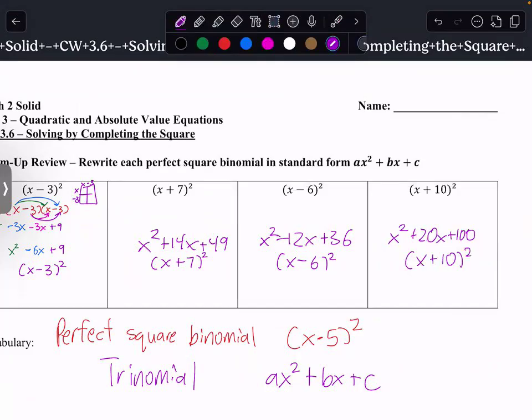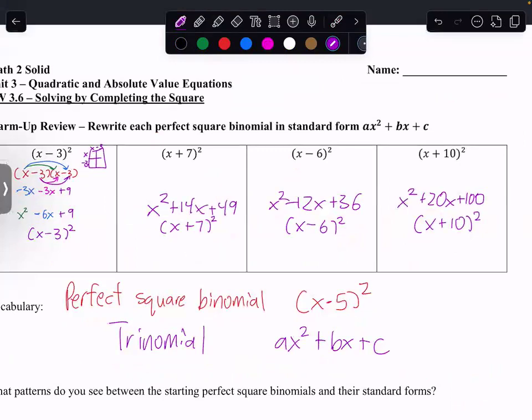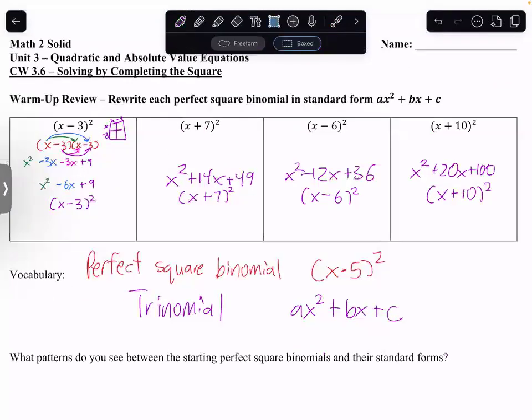Okay, so now you should have the trinomial form and the perfect square binomial form right next to each other.